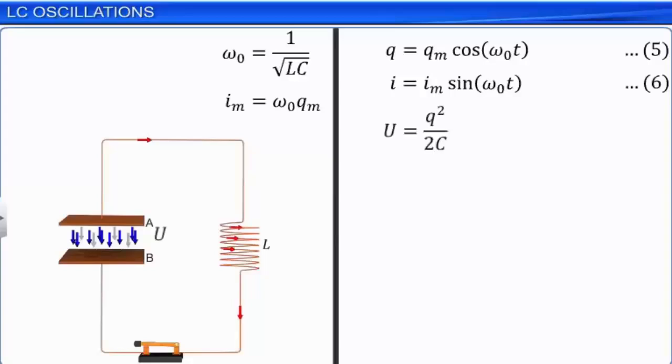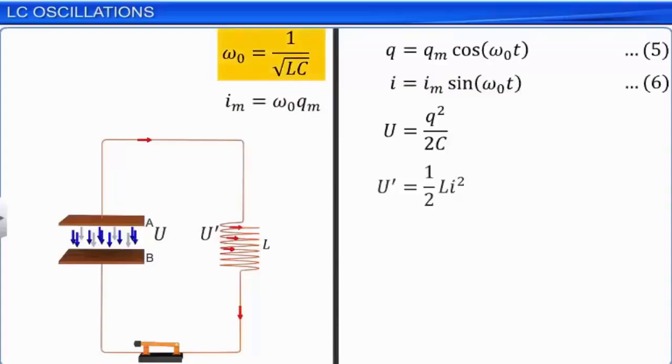From our previous analysis, we know that at any given time t, the charge Q is equal to Qm cos omega naught t, the current I is equal to Im sin omega naught t, where Im is equal to omega naught Qm, and omega naught is equal to the square root of 1 by LC. Rearranging omega naught in the expression, we get L is equal to 1 by omega naught square C.